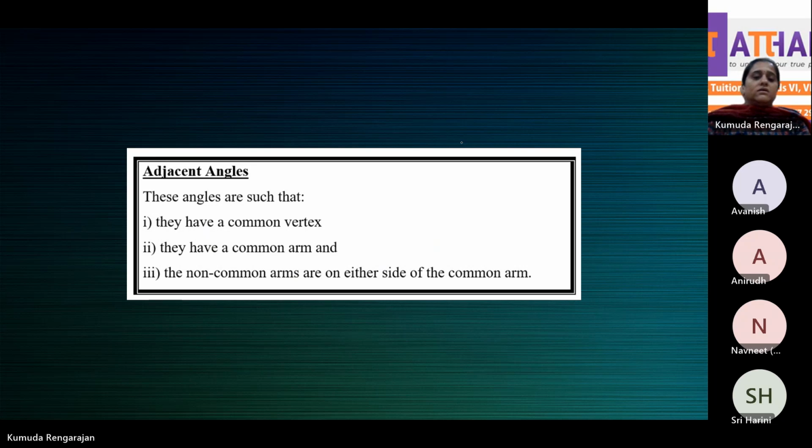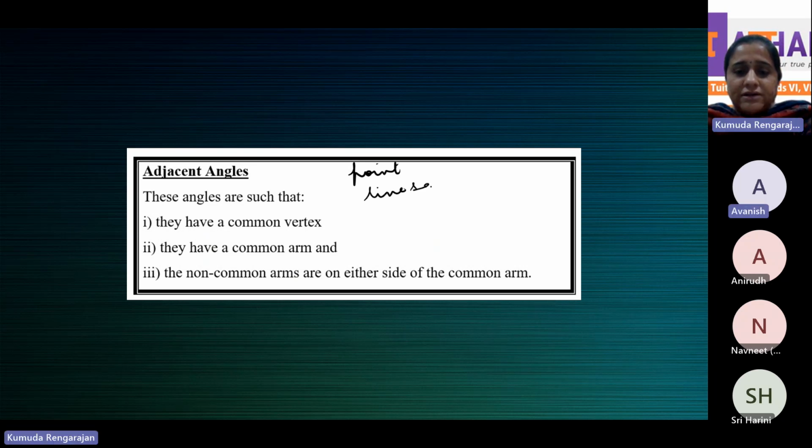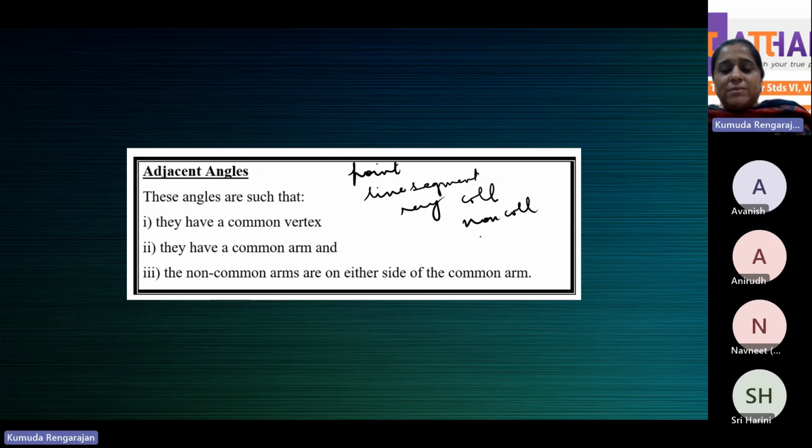Okay. Next is adjacent angles. From the beginning, we have seen the point, line, line segment, ray, collinear points, non-collinear points, supplementary angles, complementary angles.